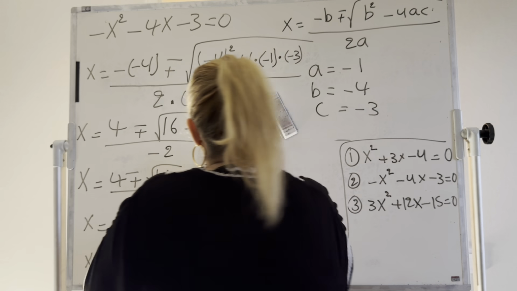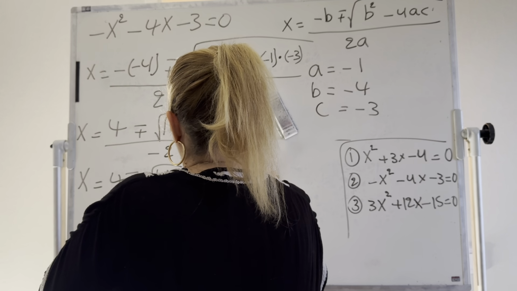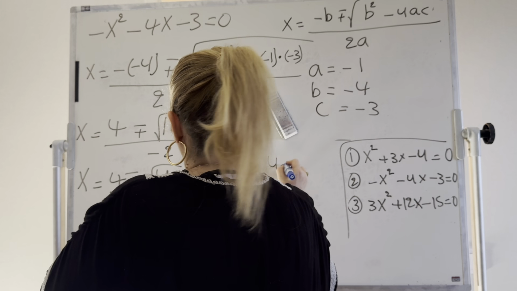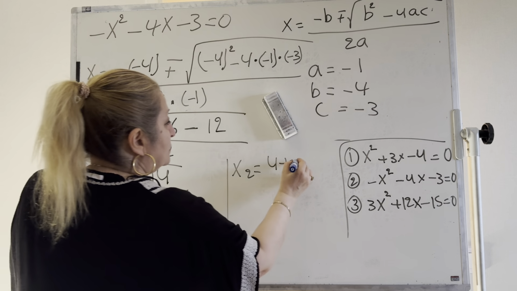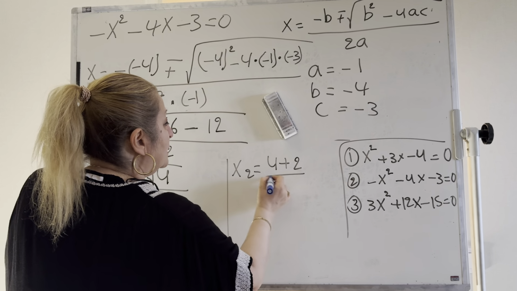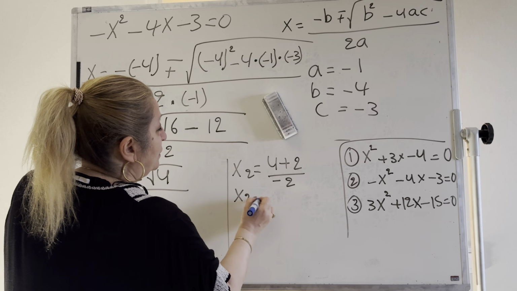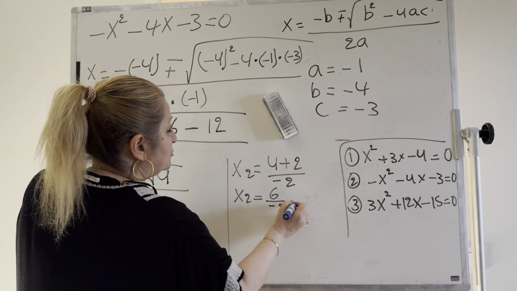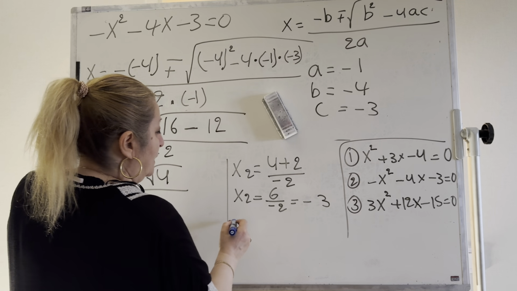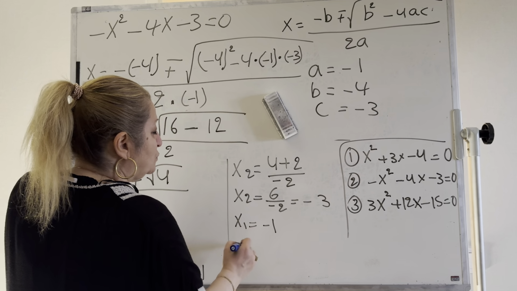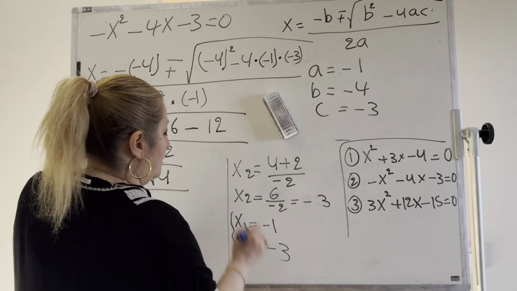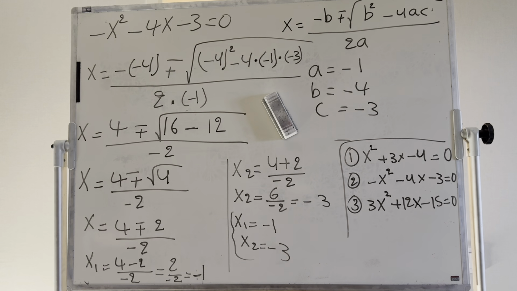And the second solution, x2 equals 4 plus, first I took minus, then I will take plus, 6 divided by minus 2 equals minus 3. And my solutions are x1 equals minus 1 and x2 equals minus 3.